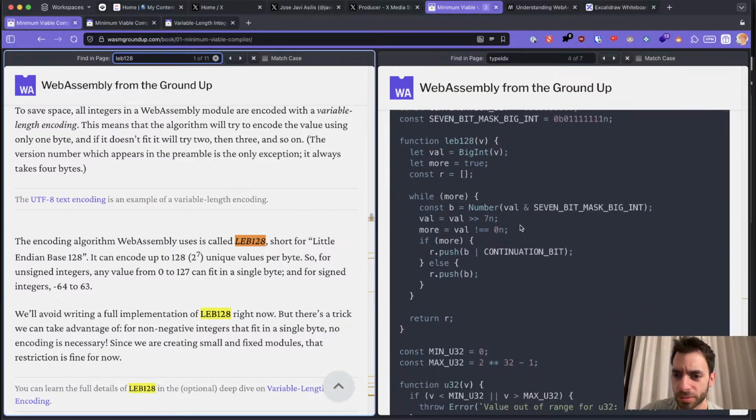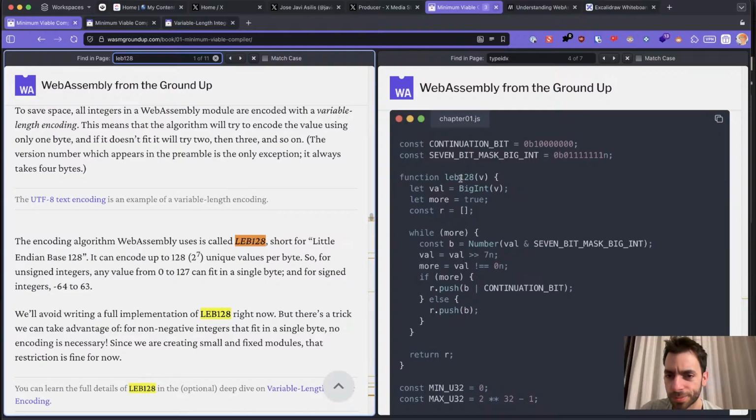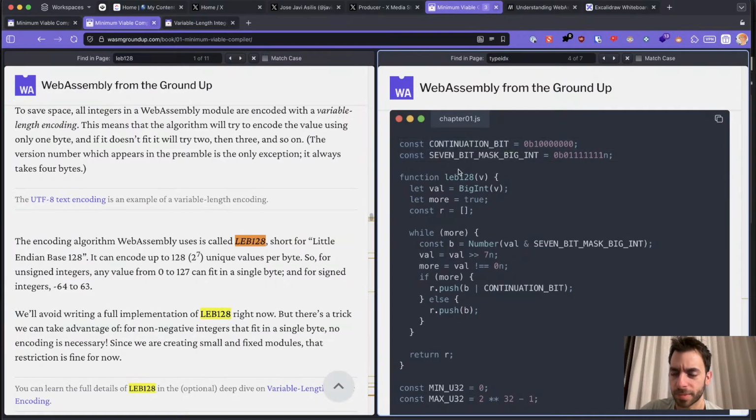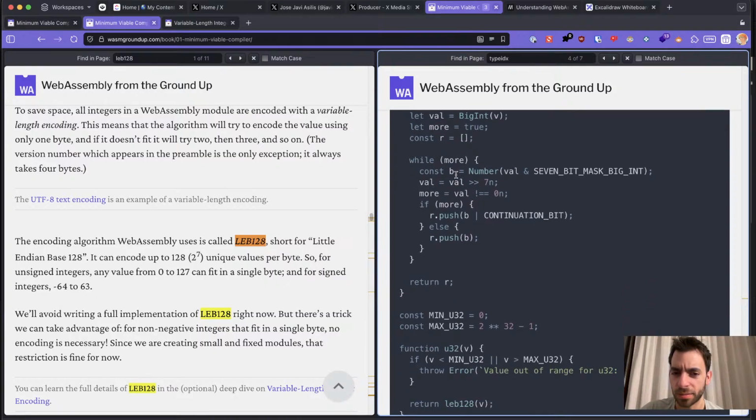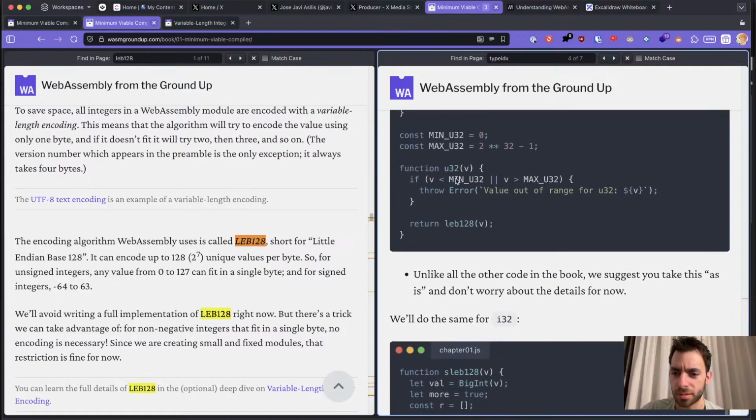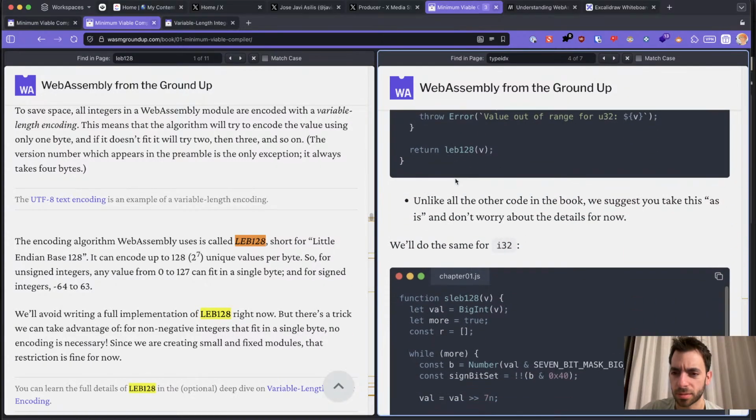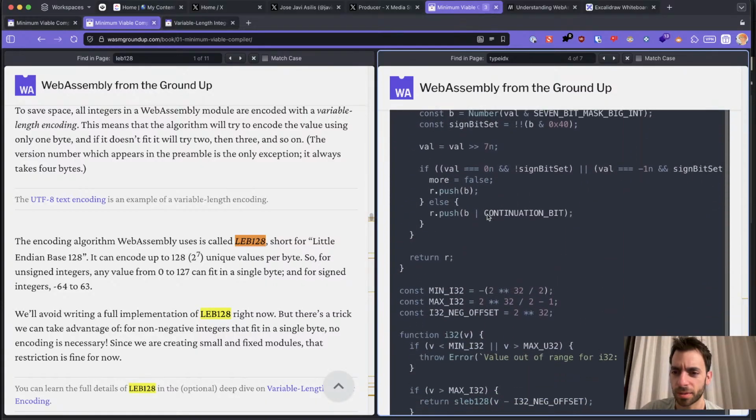Here it's actually showing this part, pushing little endian bytes. Don't worry about the detail for now.